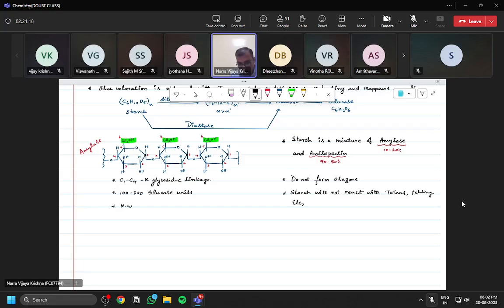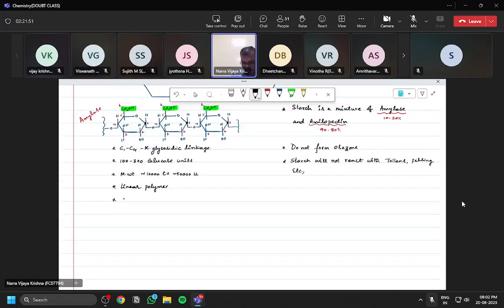Molecular weight is approximately 10,000 to 50,000. It is a straight chain polymer, which we also call a linear polymer. As it is a linear polymer, to some extent it is soluble in water, and it shows blue color with iodine.